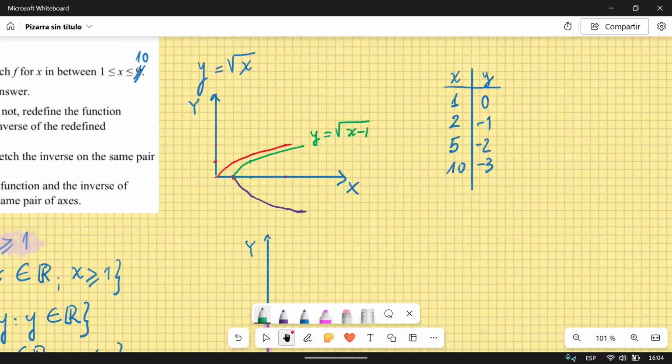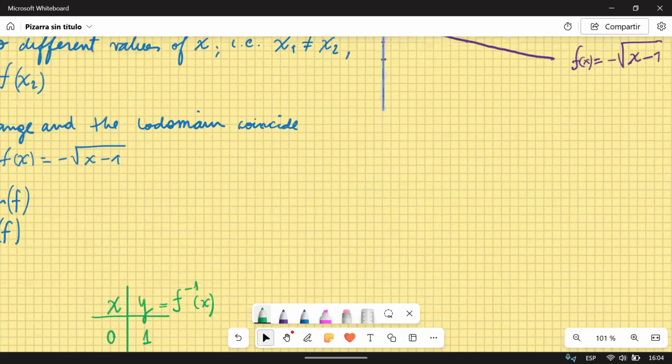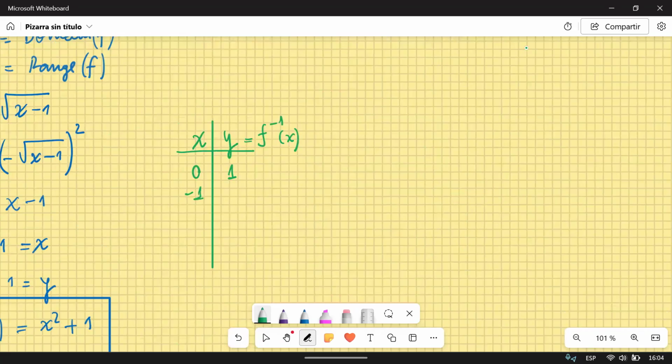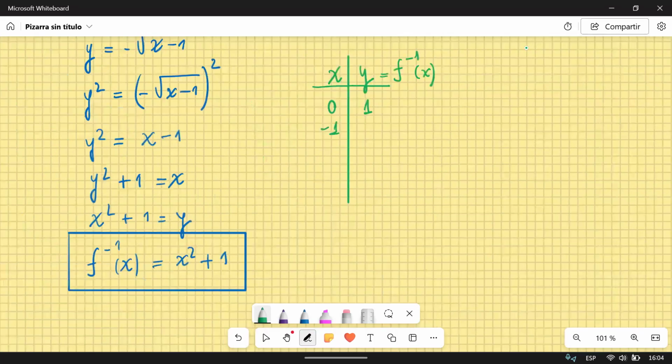Now when x is negative 1, y, negative 1 squared, is 1 plus 1, 2. When x is negative 2, in the inverse, negative 2 squared, 4 plus 1, 5. And finally, when x is negative 3, square 9, sorry, plus 1, 10.